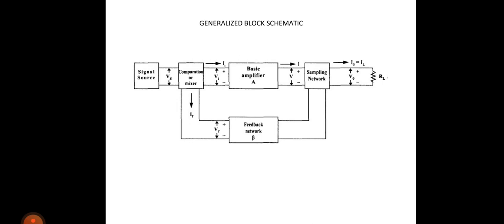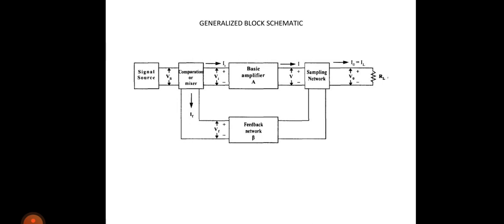So, V by Vi is nothing but voltage gain, which is denoted by AV. Similarly, output current is I and the input current to the basic amplifier is Ii. Therefore, I divided by Ii is the current gain, denoted by AI.